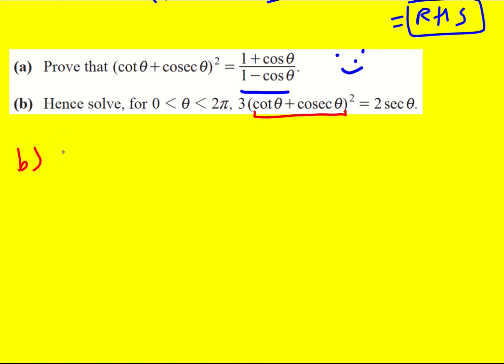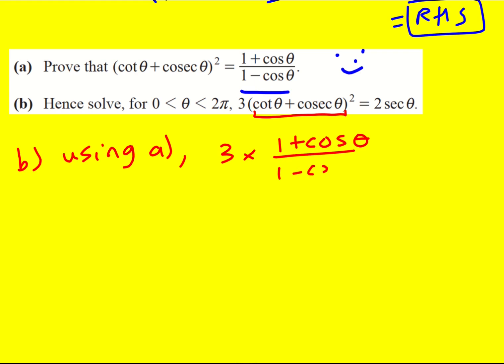So using part A, we're going to get 3 times this is 2 sec theta. I'm going to write that as 2 over cos theta. Get it all in terms of cos theta.